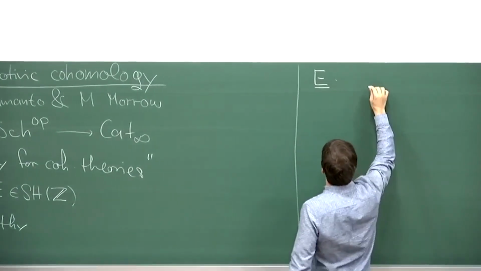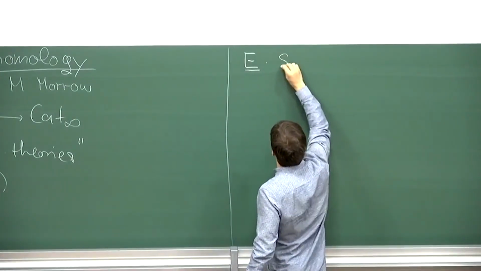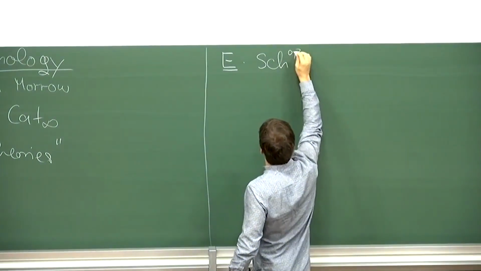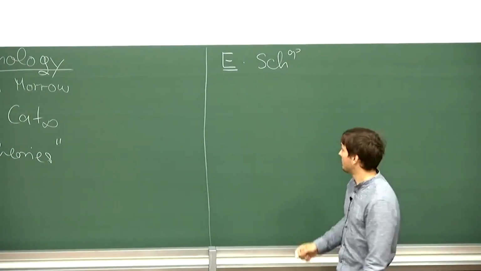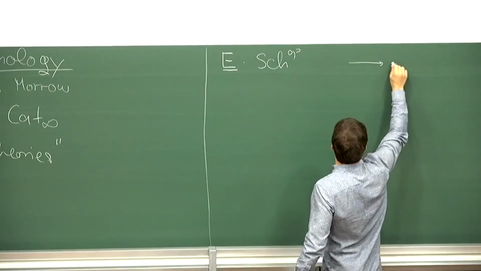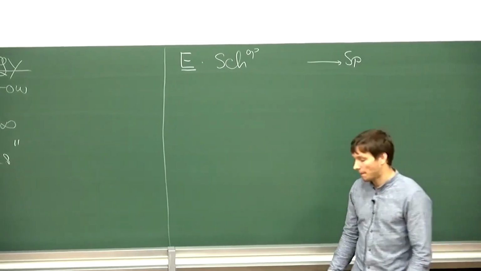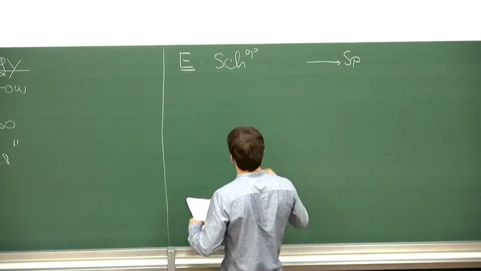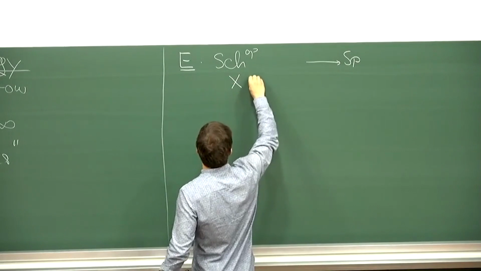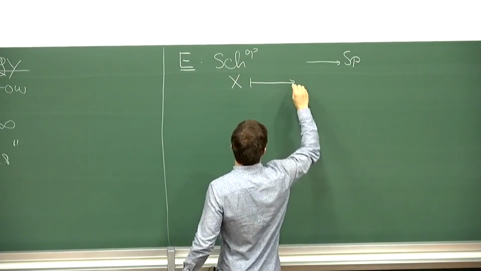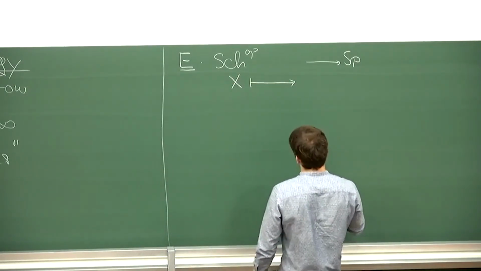This is now going to be a functor again from all schemes, and it's contravariant, so it's a cohomology theory. But this time I spit out not a category but a spectrum. What you do is the following: you take some scheme X, and I send it to the following thing.